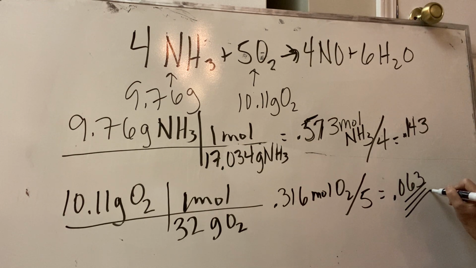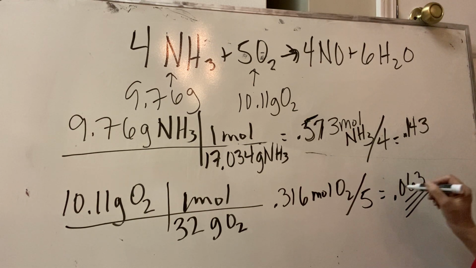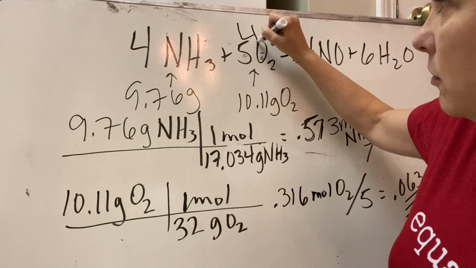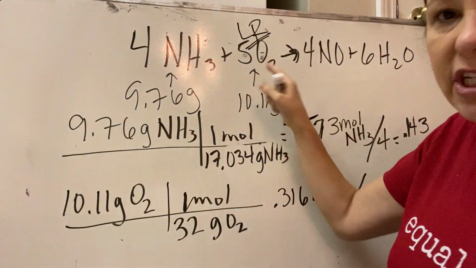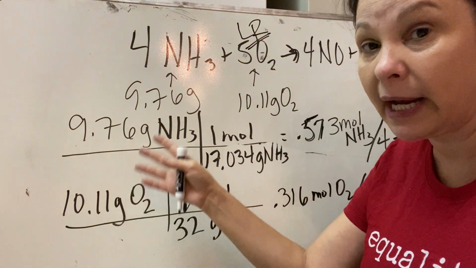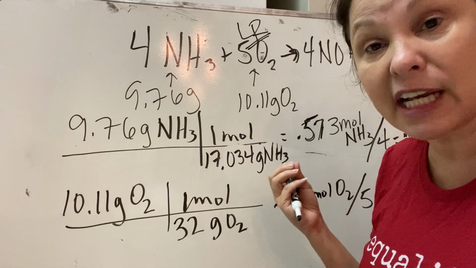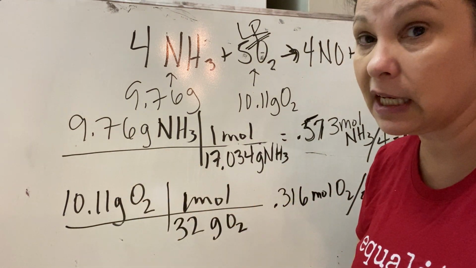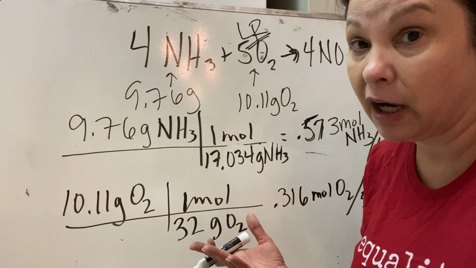Therefore, the oxygen is my limiting reactant in this particular question, with these particular amounts. I might give you this exact same problem, but if the amounts are different, then it might not be oxygen.